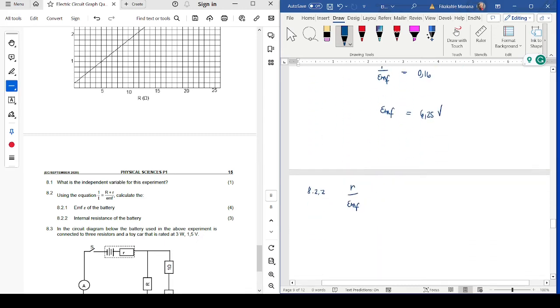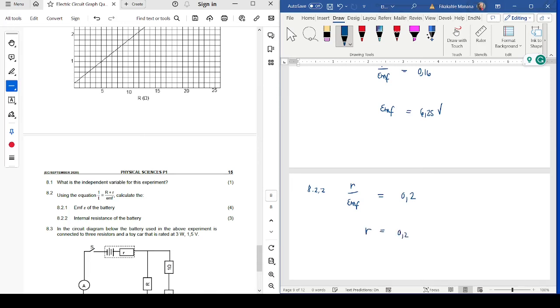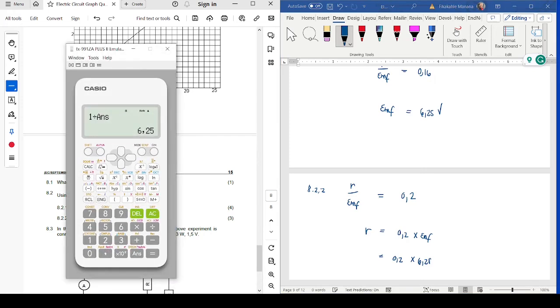Yes, and that is equal to, if we check over there, the y-intercept is at 0,2. Okay, so R will be equal to 0,2 times the EMF, and the EMF, we calculated it previously as 6,25.